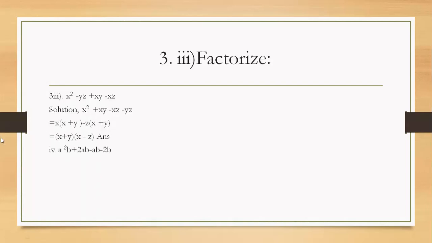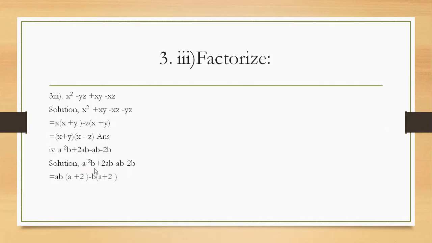Yes, sir. Now look at question number 4. First of all, we have to shuffle the terms, and check whether the same remaining term comes when we take the common factor. If it comes the same, it is correct. Otherwise, we have to change the place of the terms.